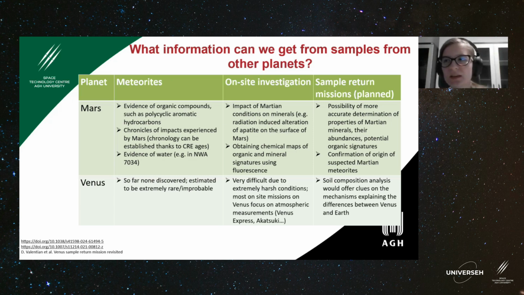NASA, ESA and the Chinese Space Agency would like to have sample return missions, which would allow for much more precise investigation of the properties of Martian soil and rocks and Venusian soil, because professional equipment in laboratories could be used to study them.